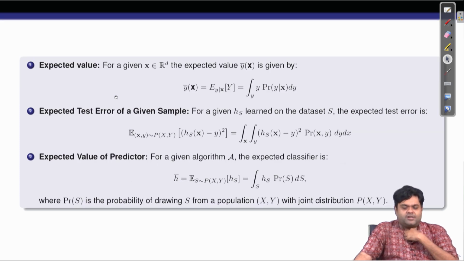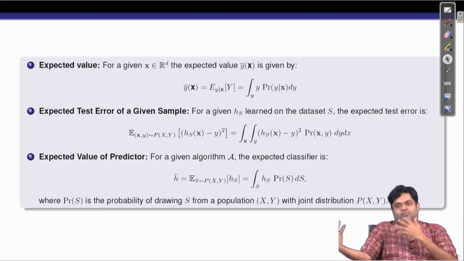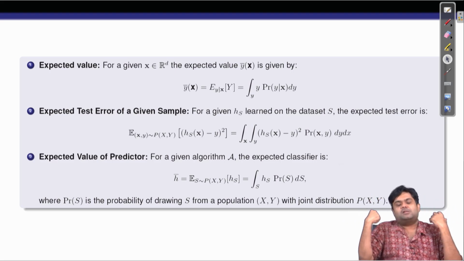We define the conditional expectation of y given x as the expectation of y with respect to its conditional distribution. For a fixed sample S, you define the total expected error as follows. Take the hypothesis or rule generated by the algorithm given that sample as input, h_S. Now for every x value, predict y using this rule.